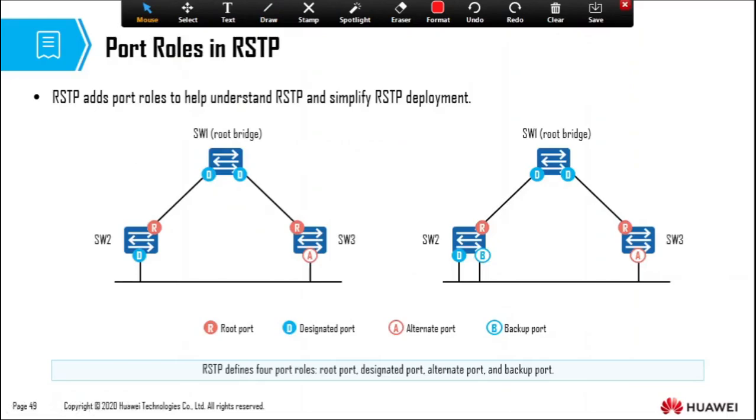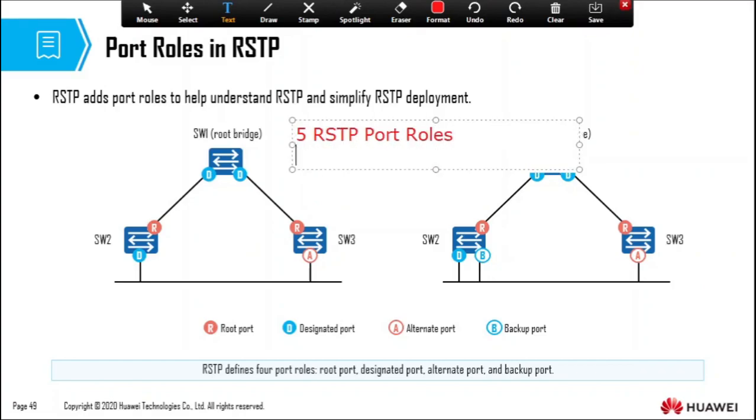Okay, so RSTP port roles. In RSTP, we have 5 port roles. The first one is called root port.